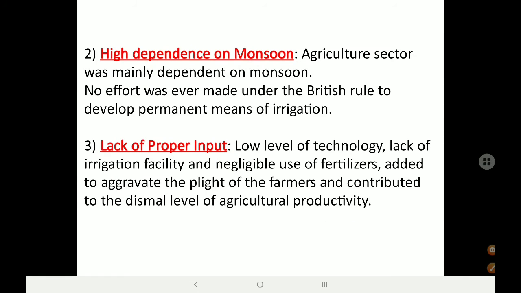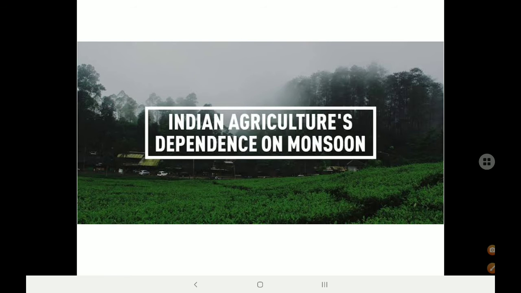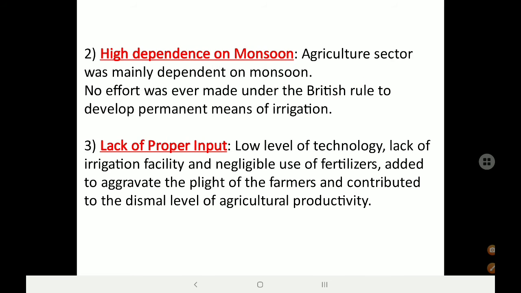Next, high dependence on monsoon. It is another factor. Our farmers were highly dependent on monsoon, there are no major options of irrigation facilities. Now, third point is lack of proper input. It means the technology level was very low and there was a lack of irrigation facilities and negligible use of fertilizers.